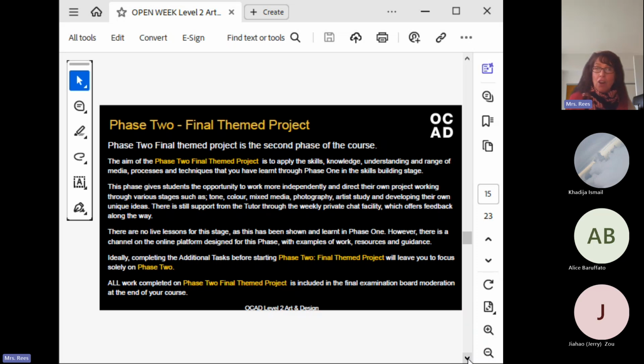Okay, there are no live lessons for this stage, because the idea is you have learned all of this through phase 1. And also, everybody will be going in different directions. However, we still have a dedicated channel for phase 2 with information at each step, examples, notes, resources about what you would need to do at this stage.